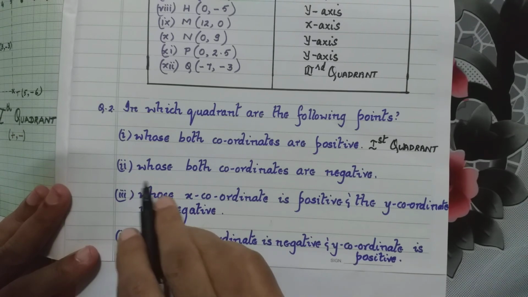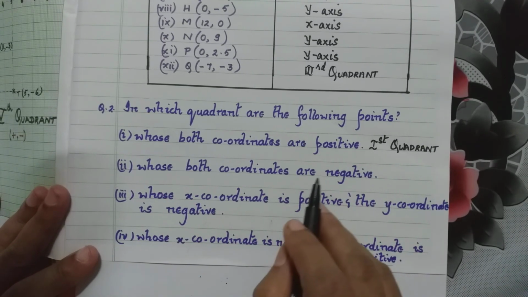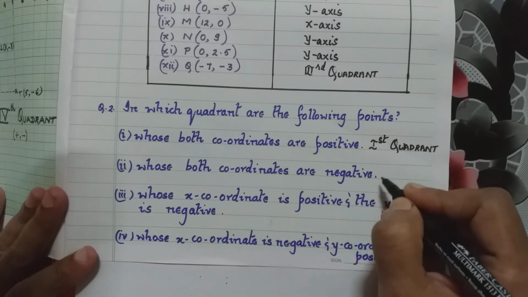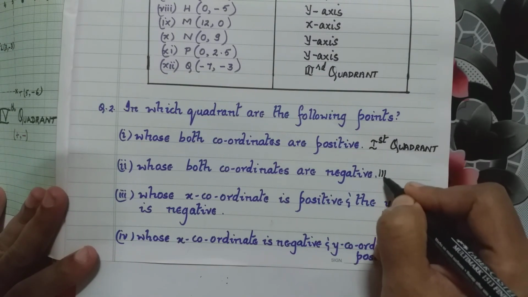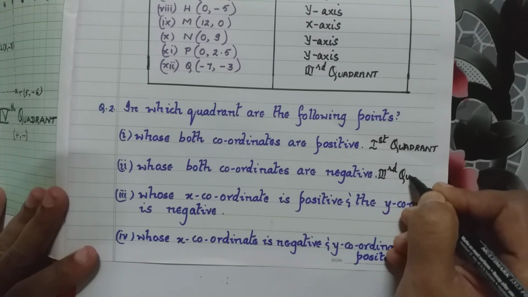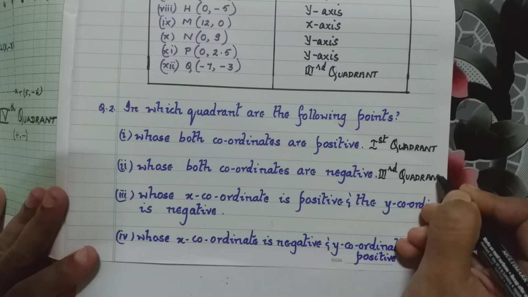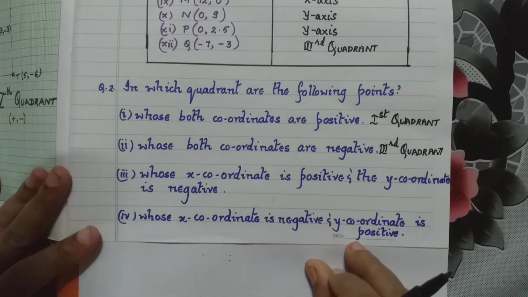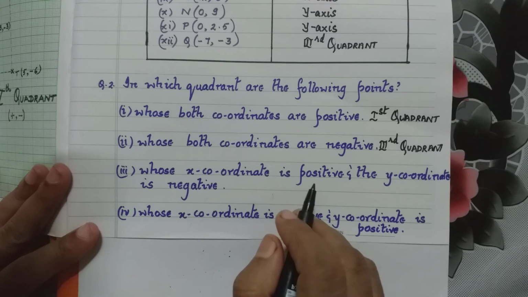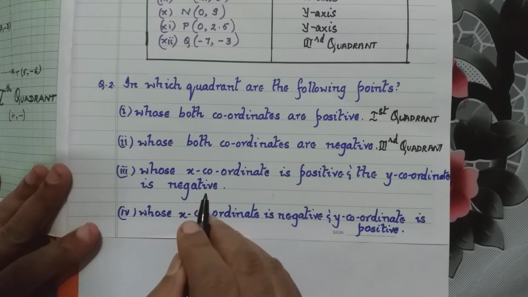What about the second one whose both coordinates are negative? We said that that is in the third quadrant. So we will write here it is in the third quadrant. Next, whose x coordinate is positive and the y coordinate is negative.